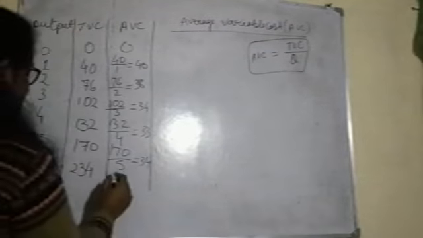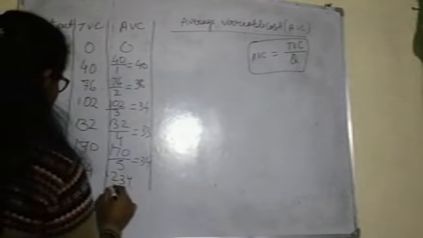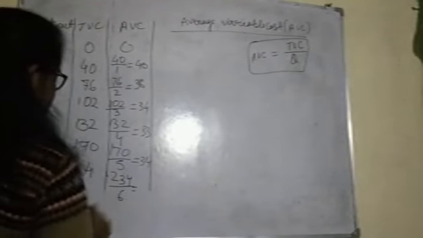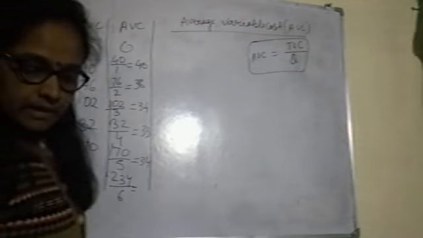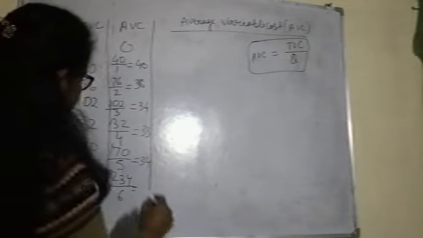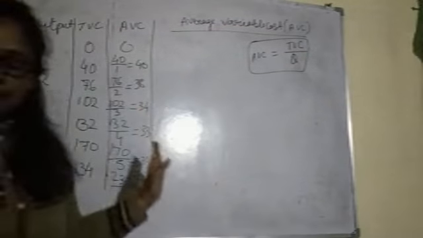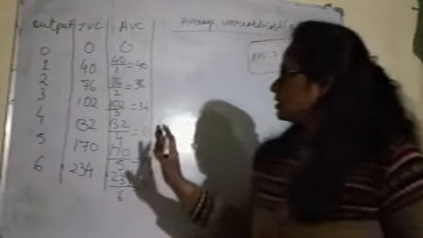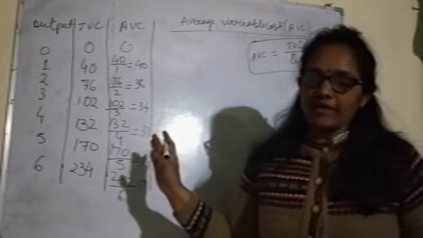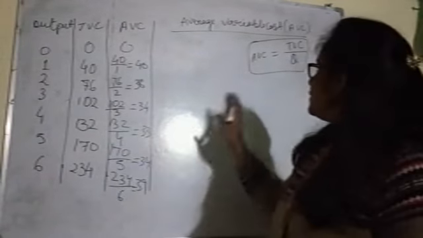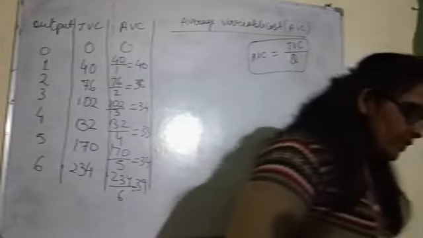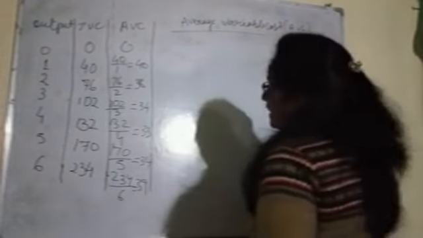Then 234 upon 6, you will get 39. So we have got the average variable cost. Okay, we got the value of average variable cost. Now we'll draw the diagram of the average variable cost.